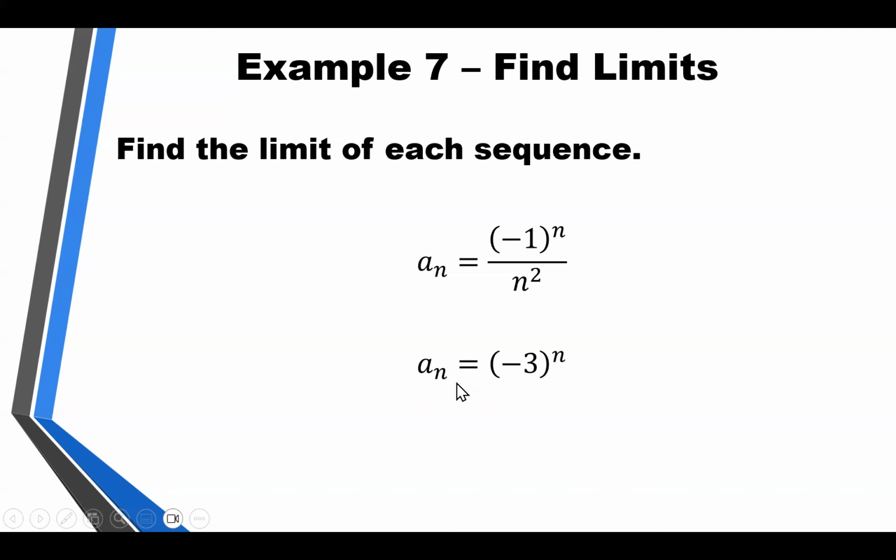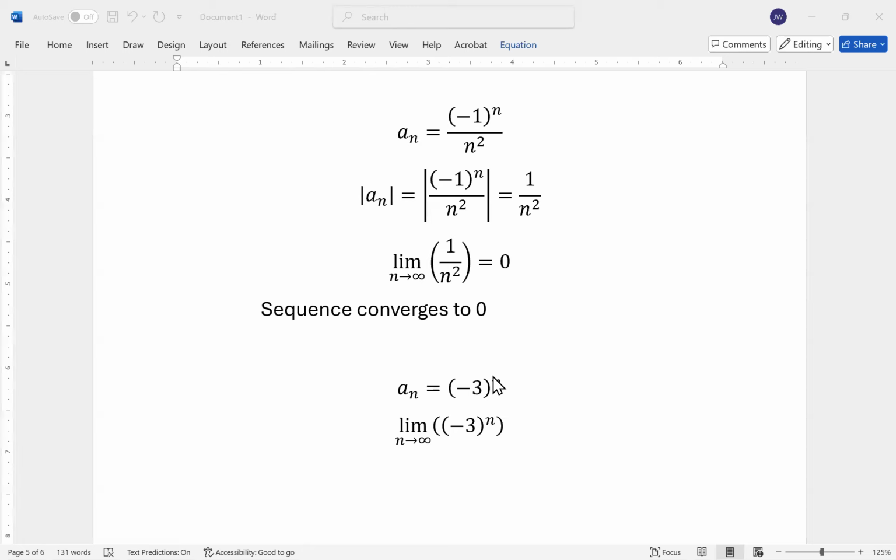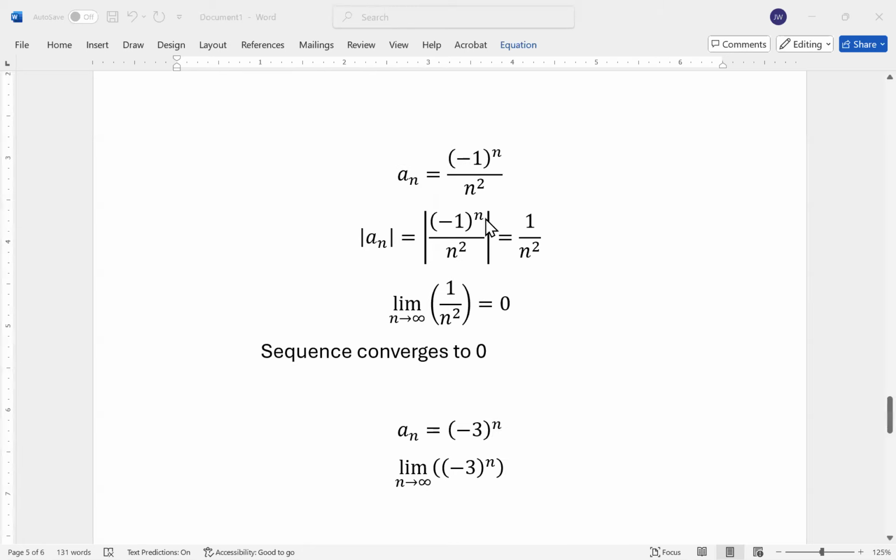On this one, if I take the absolute value, something weird happens. So like I said, first one, -1 to the nth power over n squared. Take an absolute value of that.